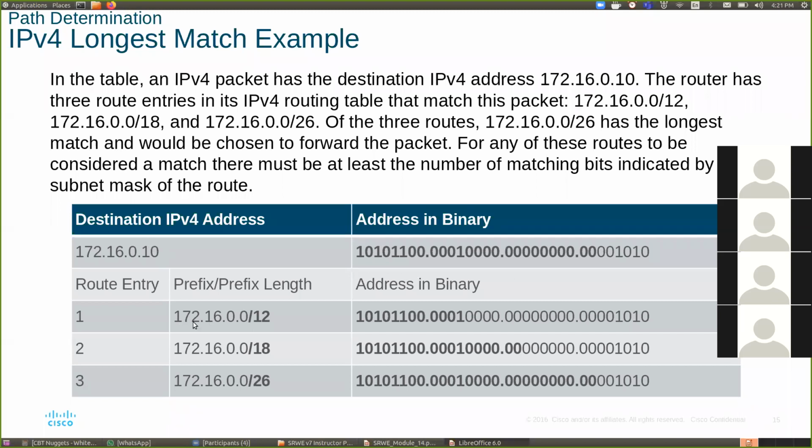There must also be a prefix length, or subnet mask. This one is /12, this one is /18, and this one is /26. When you were doing subnetting, you were taught about these prefix notations. The slash means the subnet mask information, okay?